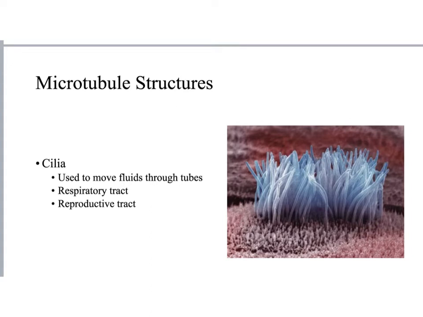In the female reproductive tract, we also see cilia in the fallopian tubes, and that helps to move the egg that has been released from the ovary through the fallopian tube and towards the uterus so that it can unite with a sperm. So those are really the 2 places in the human body where we find cilia. Just remember the difference between microvilli and cilia.